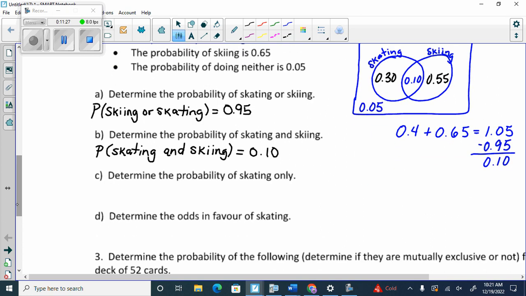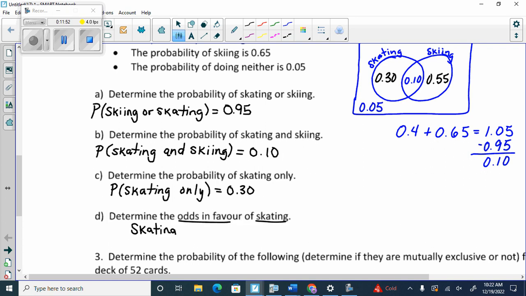Probability of skating only is 0.30. Odds in favor of skating. Odds in favor, whatever comes after it comes first. So skating comes first.